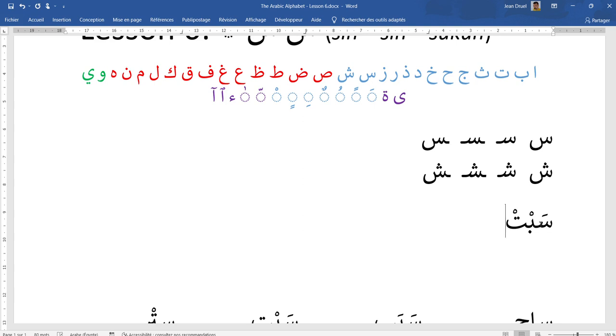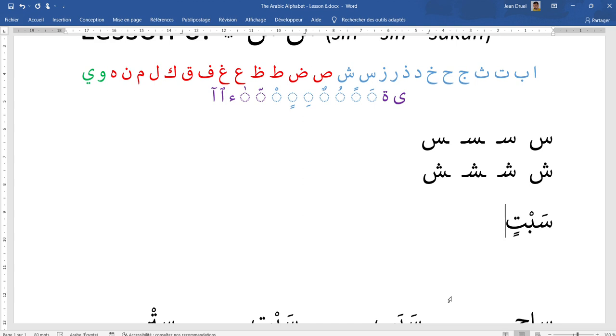Very often we just write it like this with no ending vowel, like sabt. In this case, it is exactly the same to write sabt or sabt. Usually in Arabic there are very few words that end with a sukūn like this, so it should be sabta, sabtu, sabti, or sabtan, sabtun, sabtin.